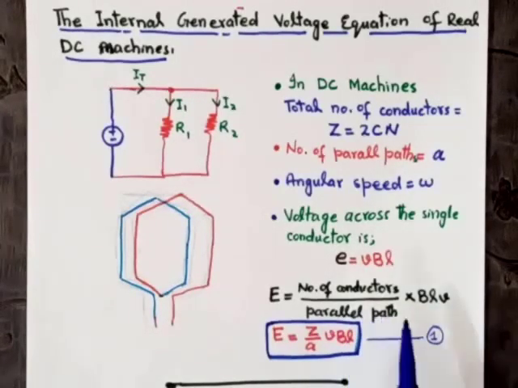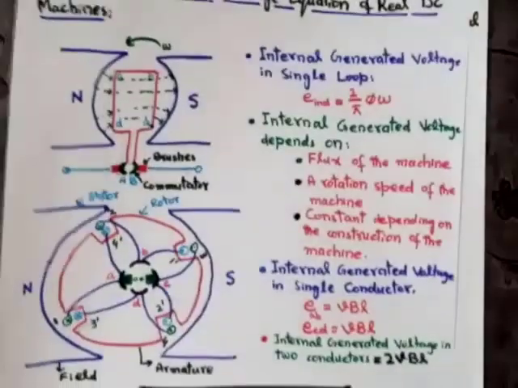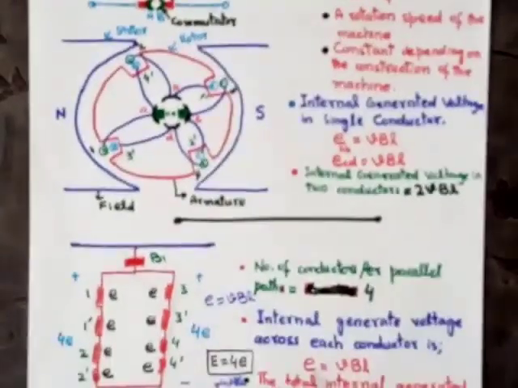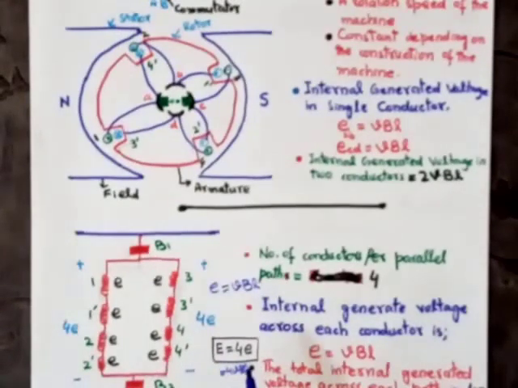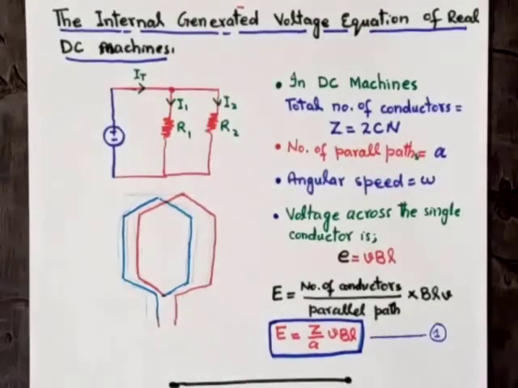As you can see in this formula, E is equal to 4E, where 4 is the number of conductors per parallel path and E is the induced voltage across a single conductor. Therefore, in the case of real machines, the induced voltage is equal to the number of conductors per parallel path multiplied by the induced voltage in one conductor.